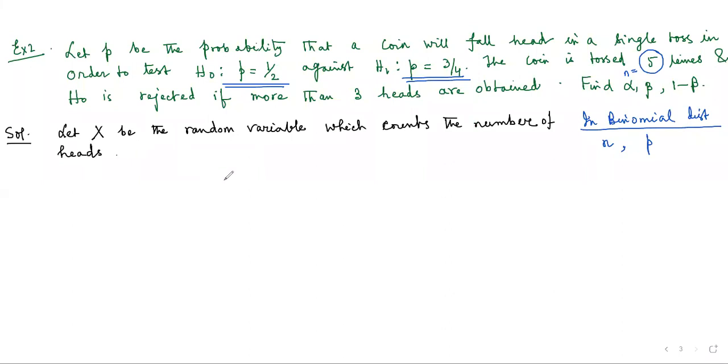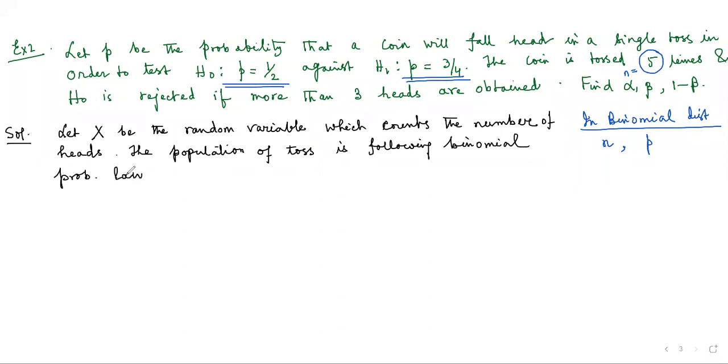Now the population of toss is following binomial probability law. That much we have come to know from the given problem.